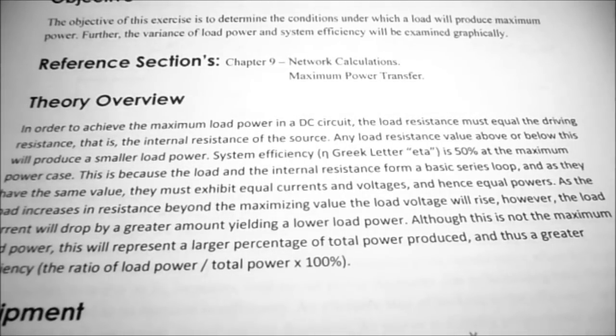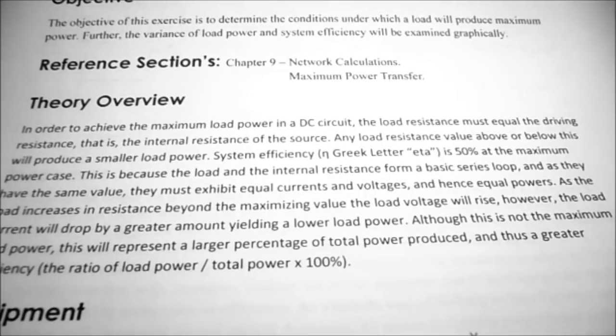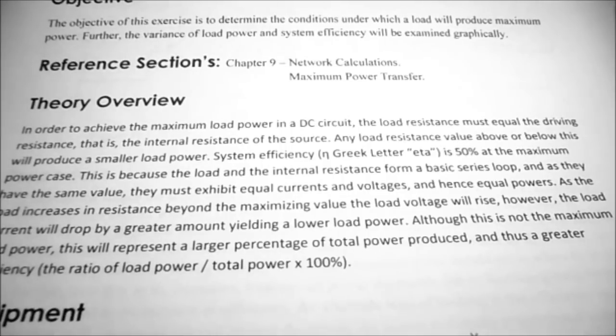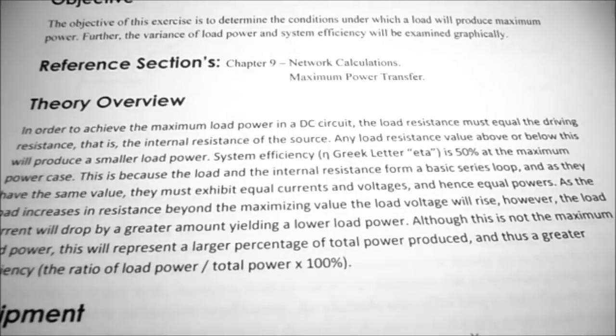In our theory overview, it says in order to achieve the maximum load power in a DC circuit, the load resistance must equal the driving resistance, that is the internal resistance of the source. Any load resistance value above or below this will produce a smaller load power.